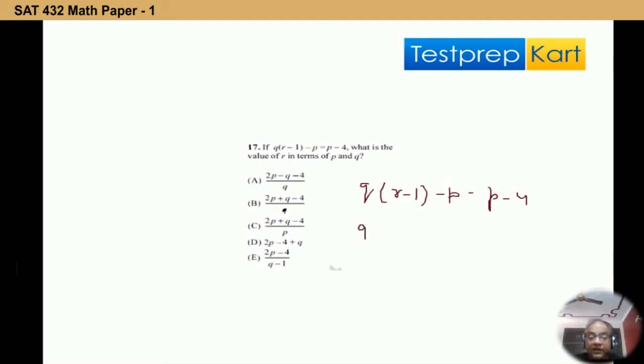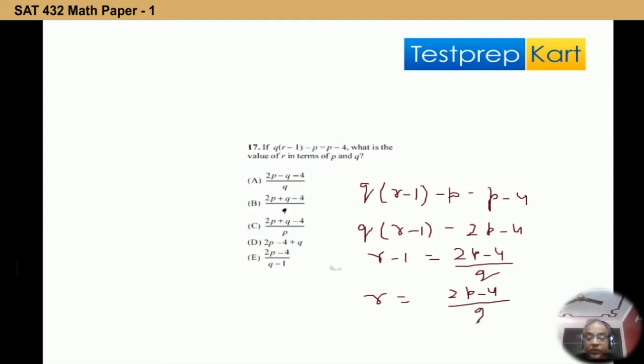I can write in these steps: q into r minus 1, if you take p to that side, it will give me 2p minus 4, and therefore r minus 1 will be equal to 2p minus 4 divided by q, and therefore r will be equal to 2p minus 4 divided by q, plus 1.